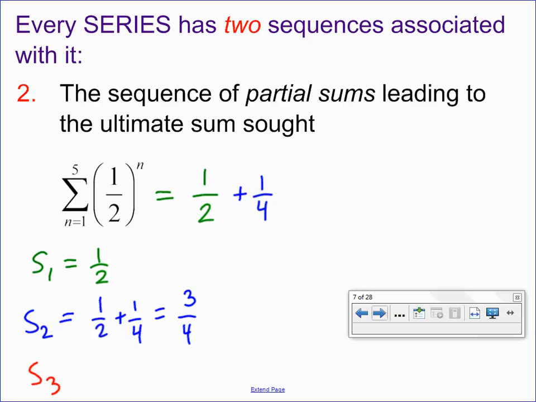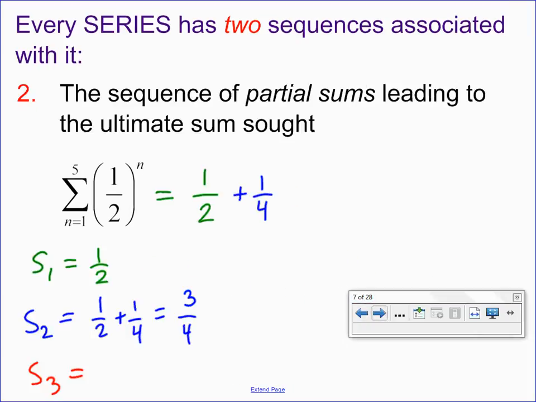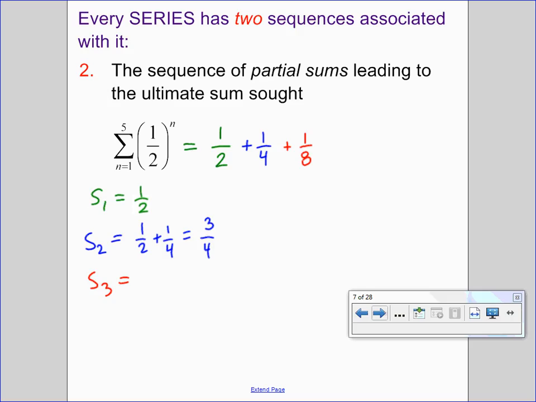My third partial sum, s sub 3, the sum of the first 3 terms, would be 1/2 plus 1/4 plus 1/8, and we're at 6/8 plus another 1/8 is 7/8. Yes? Awesome.